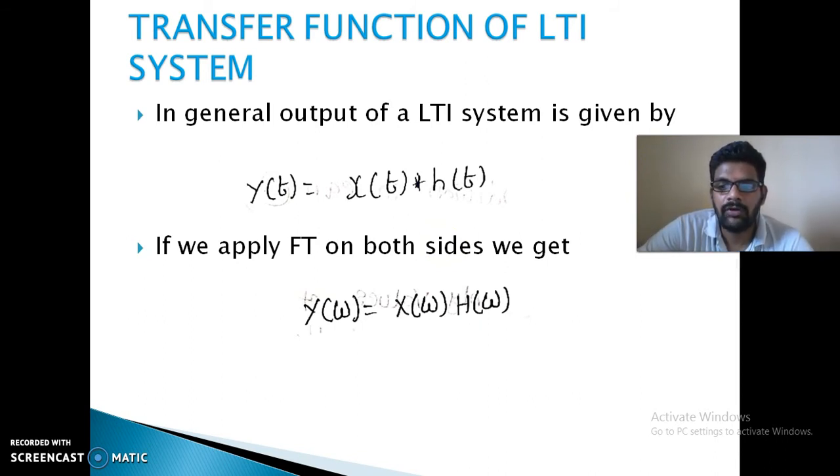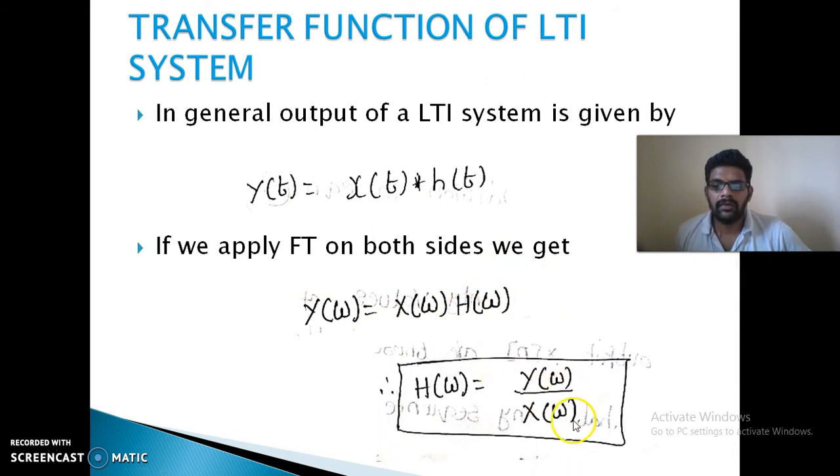So convolution in the time domain results in multiplication in the frequency domain, that is, the transform of x of t convoluted with h of t is equal to x of omega into h of omega. From this, you can rewrite h of omega is equal to y of omega by x of omega. This h of omega is known as the transfer function. h of t is the impulse response, h of omega is the transfer function.